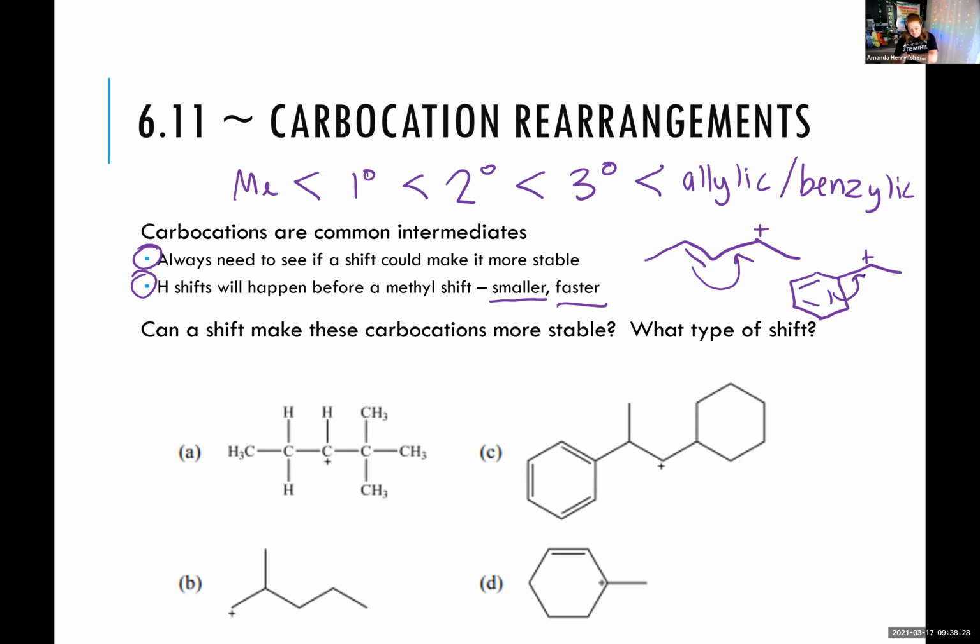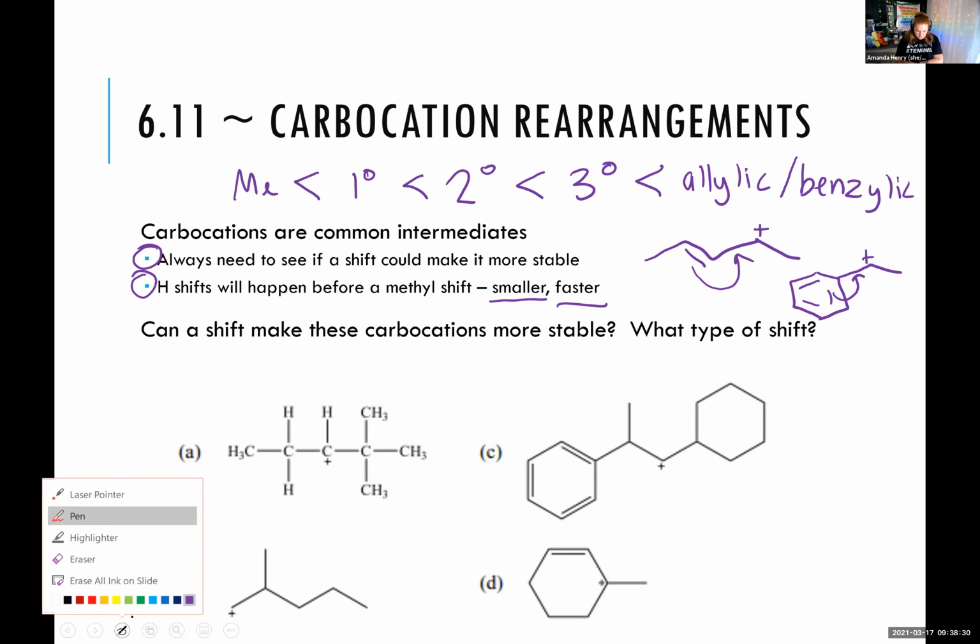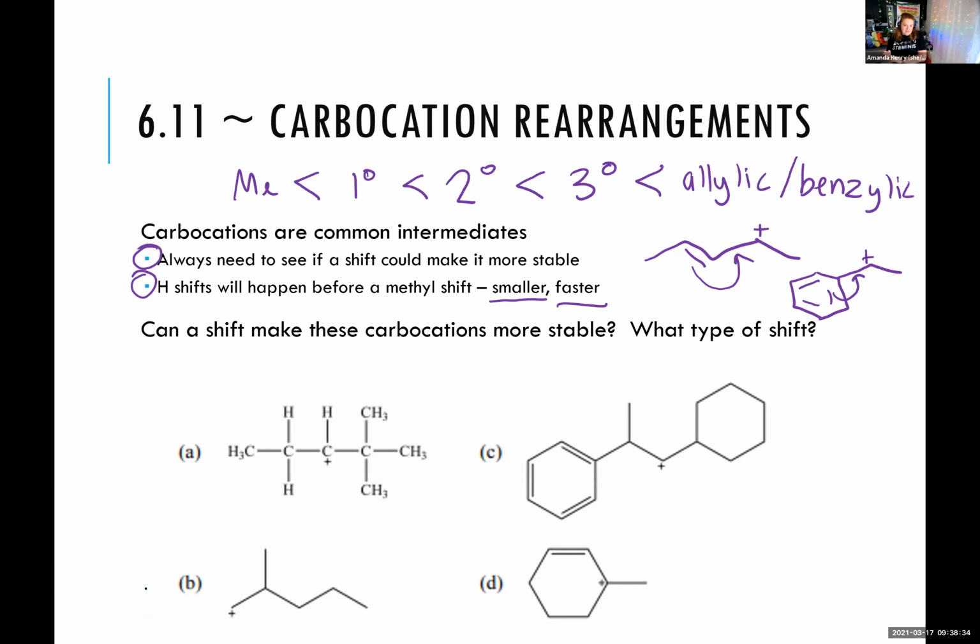All right, so we have 4 down here. And the question is, will they go through a carbocation rearrangement to become more stable? If so, what type of shift are they going to go through? And then we'll draw in what it will look like after that shift. So what about structure A?